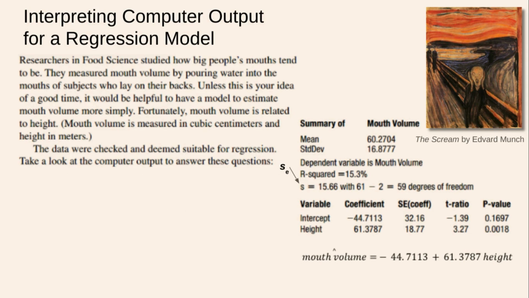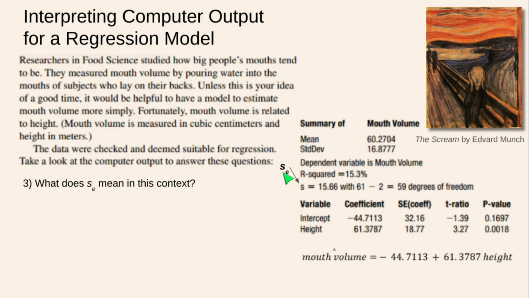All right, question number 3. What does S sub E mean in this context? All right, so where's S sub E? You'll see an arrow right here. It points to this S right here. The S should be understood as S sub E, which we know to be the typical residual size. So what does that mean in this context?